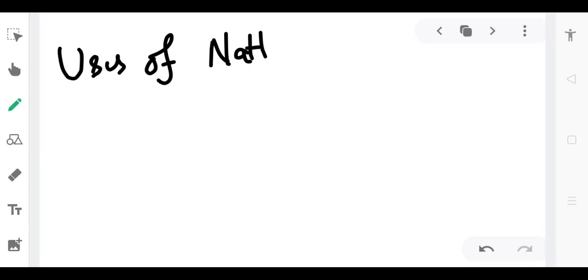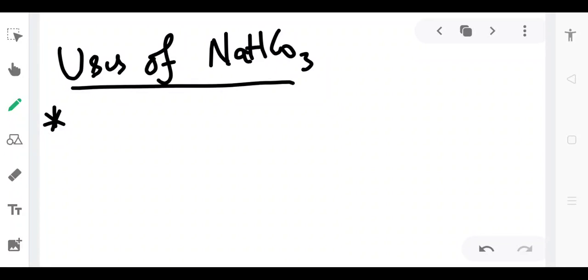So now, what are the uses of sodium hydrogen carbonate, which is generally called baking soda? First, baking soda is a mild non-corrosive base.